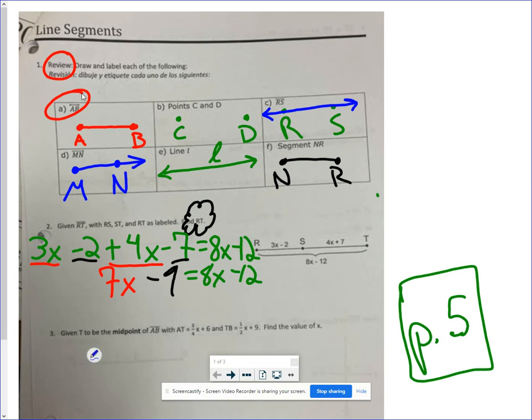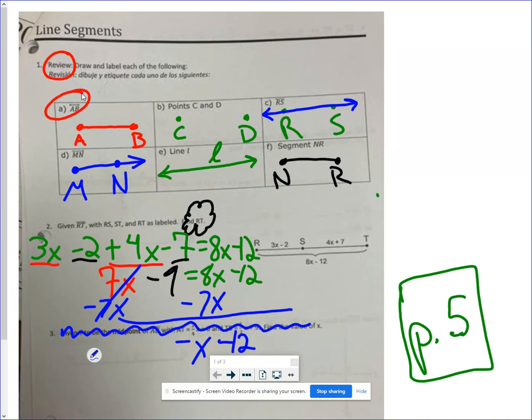I like to choose the 7 because minus 7x is going to keep things positive. And I like to keep things positive. So 8x minus 7x is 1x. So x, bring down the rest of the equation. Minus 12, copy equal sign, and copy the minus 9.